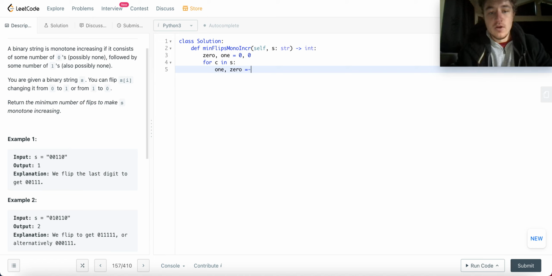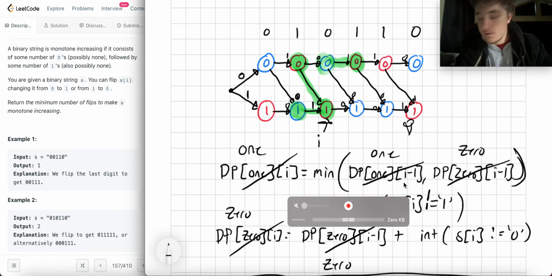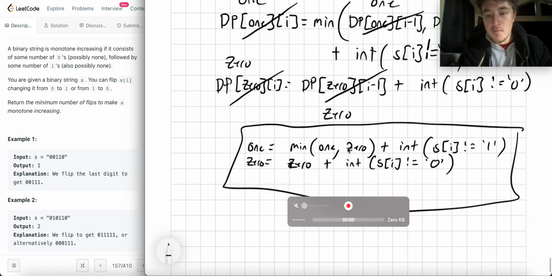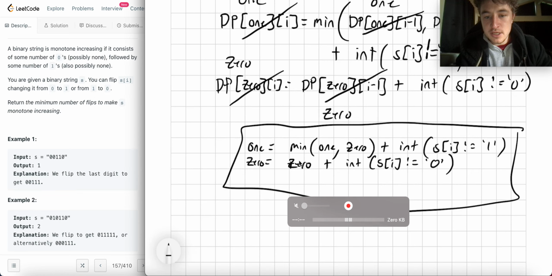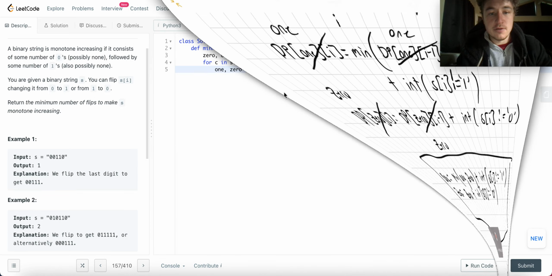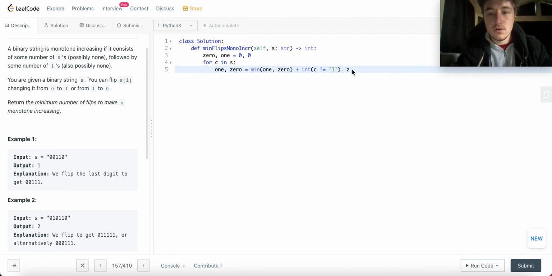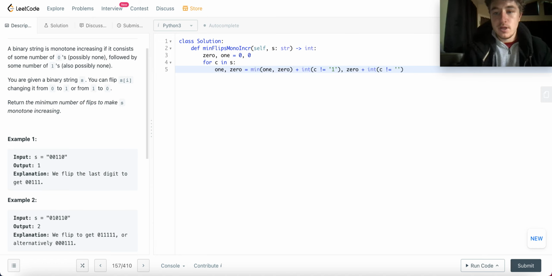Remember we said that 1 equals the minimum of 1 and 0 plus the int of the character not equaling 1. And then 0 equals what? 0 just equals 0 plus the character not equaling 0.